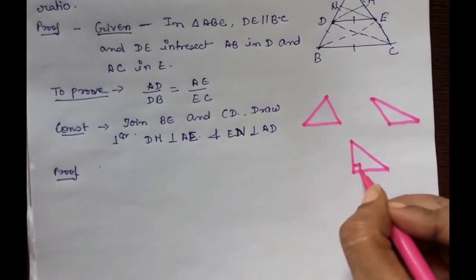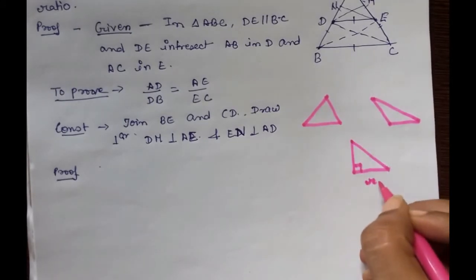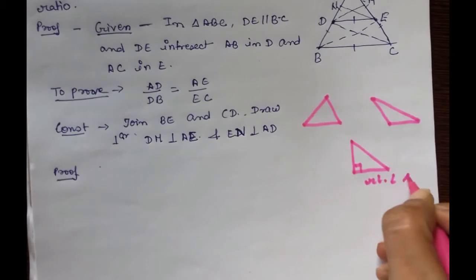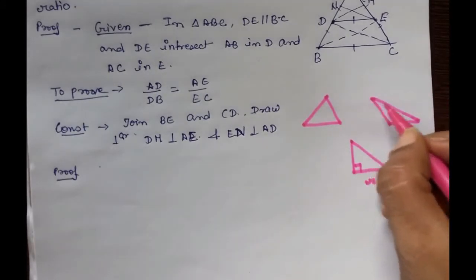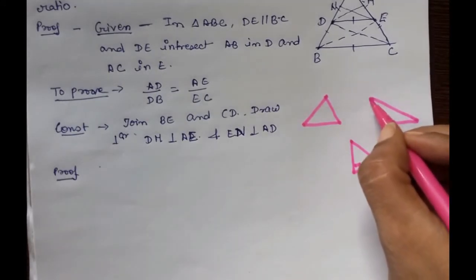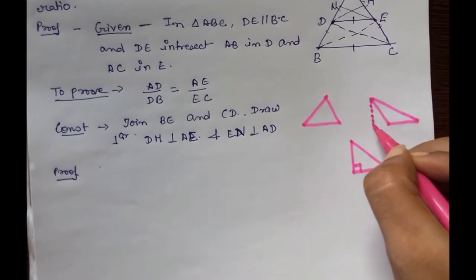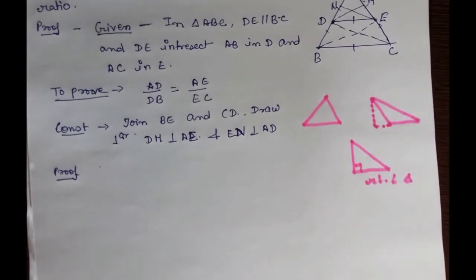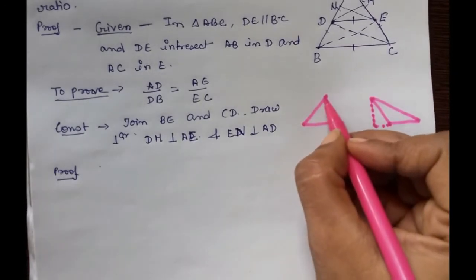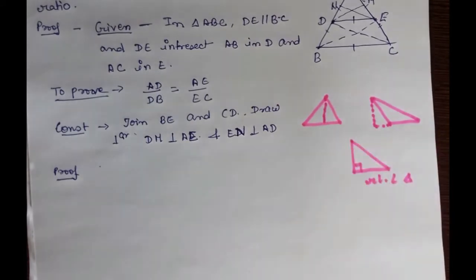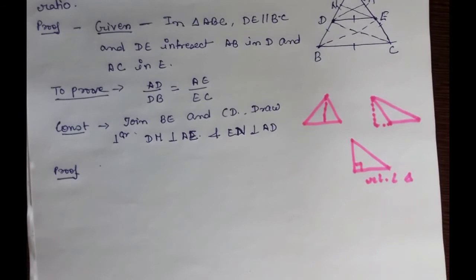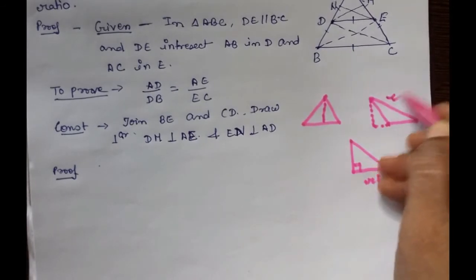This one is 90 degrees, and we know this is the right angle triangle. We draw the perpendicular of this triangle like that. Now this concept is applicable here.